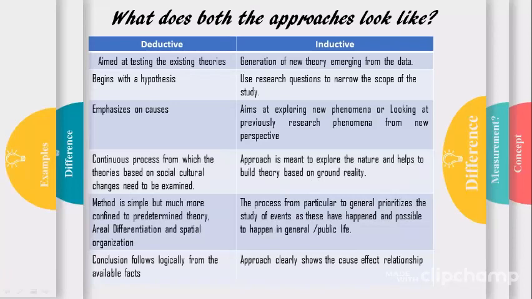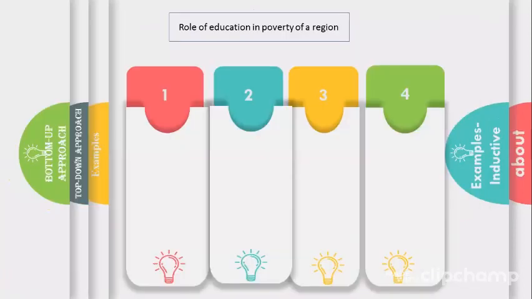Now, let me give you an example. Whatever I have been saying to you till now, maybe it is more theoretical. So now you will understand it more easily when I give you an example. Let us take one case, just like I have written in the heading: role of education in poverty of a region.